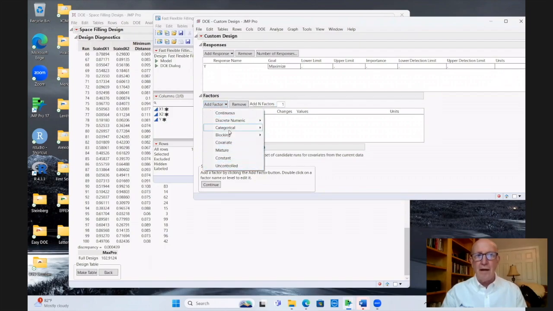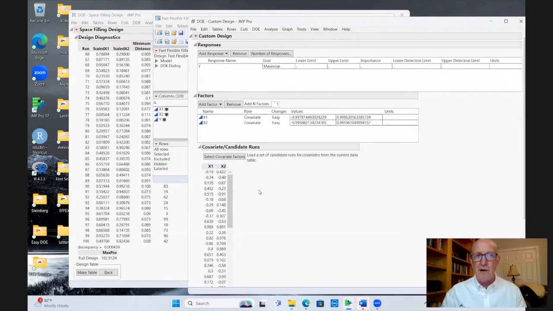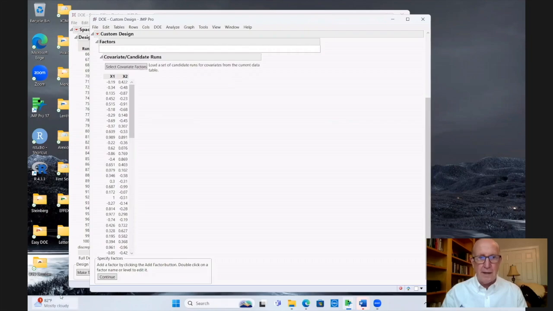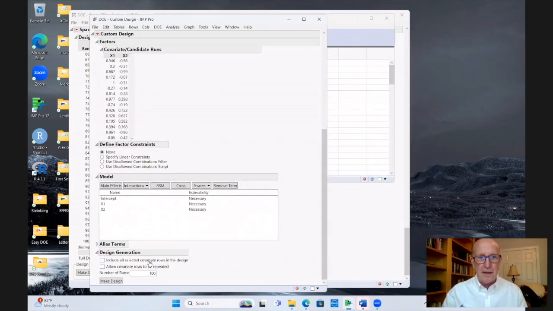I'm going to add covariate factors. So I'm going to make X1 and X2 covariates. And I'm going to, instead of using all of them, suppose that I only do 20 of them.